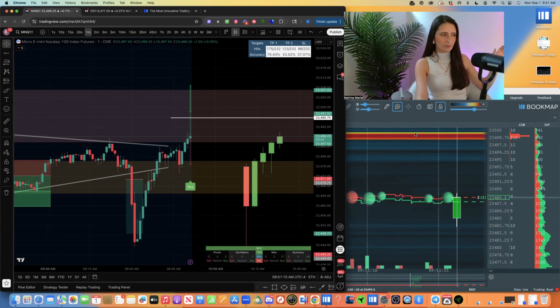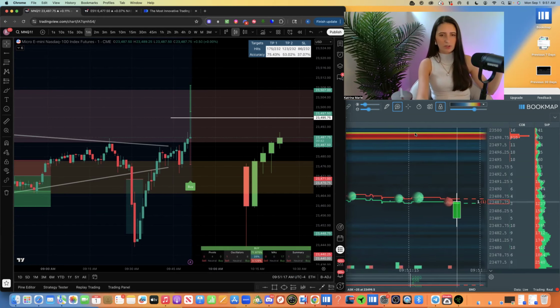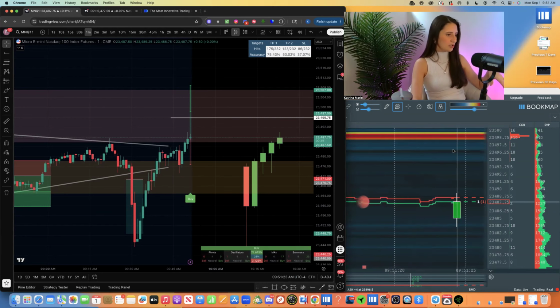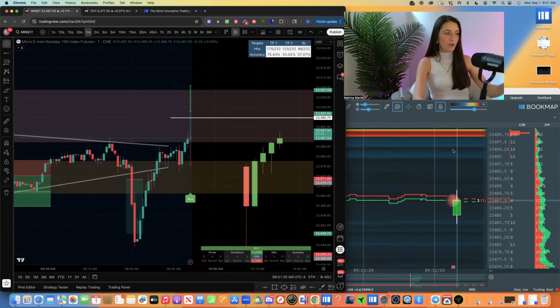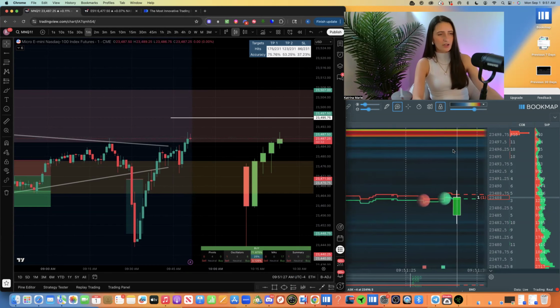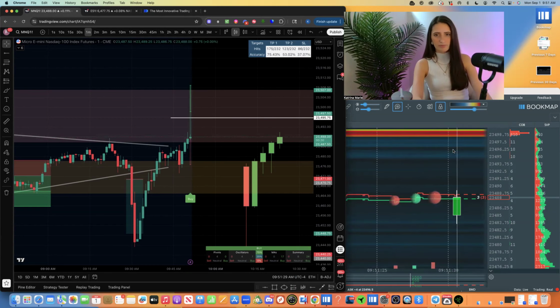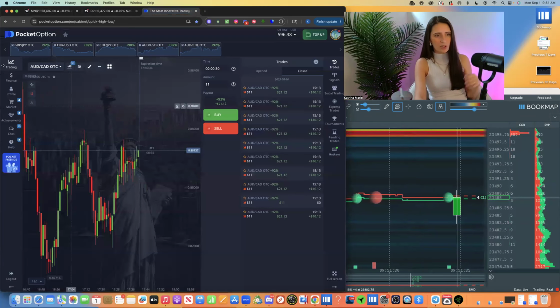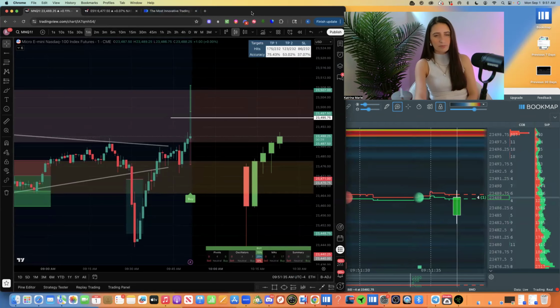It will take probably 20 minutes to load, which is fine if you get on early. But I just leave my charts the way they are. I close out my computer, and my laptop here is where I trade and I'm done. When I am trading the rest of the day, I am trading Pocket Option from my phone.